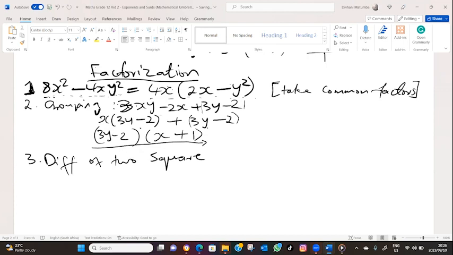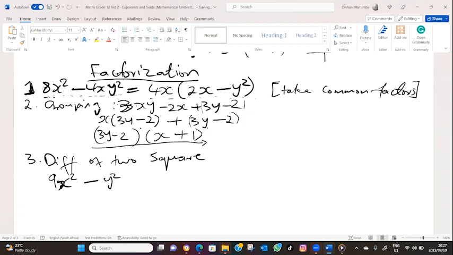A square is any number to the power of 2. That means the numbers that are separated by a minus should have a square root when we are solving the difference between two squares. They must have a square root.